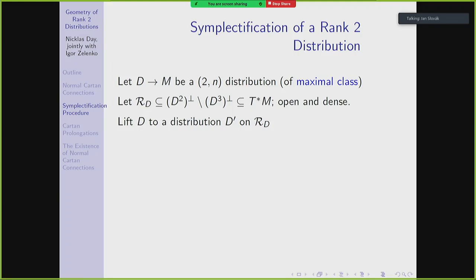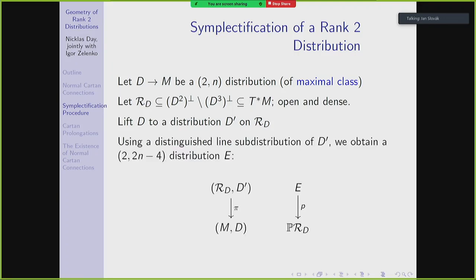And using some sort of black box osculation procedure, we're going to get a rank 2 distribution on the projectivization of RD. RD is a subset of this cotangent bundle, linear in the fibers, and so we can quotient out by Euler vector fields. We can projectivize in each fiber. And so from our rank 2 distribution on an n-dimensional manifold, we've now gotten a rank 2 distribution on a 2n minus 4 dimensional manifold here.